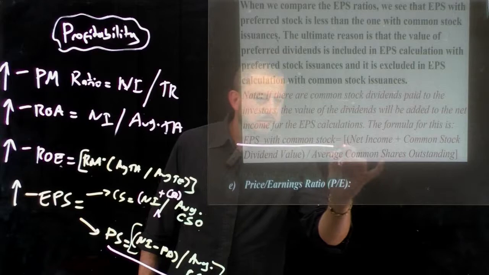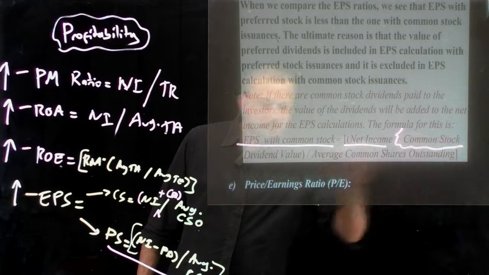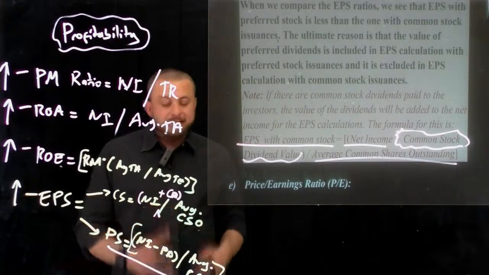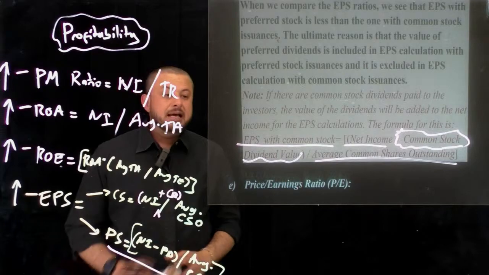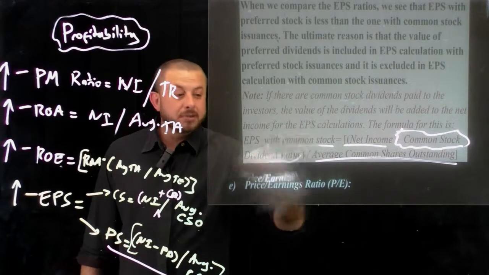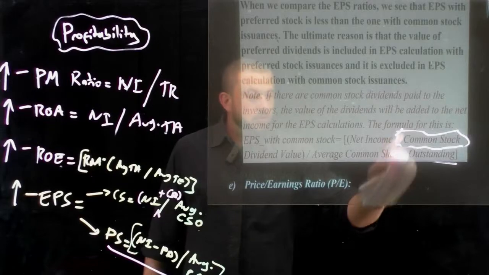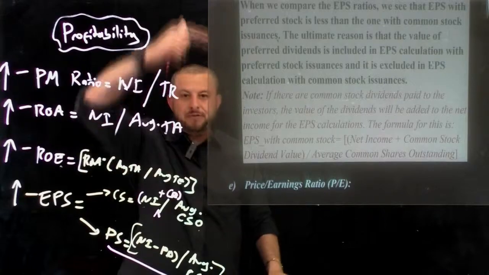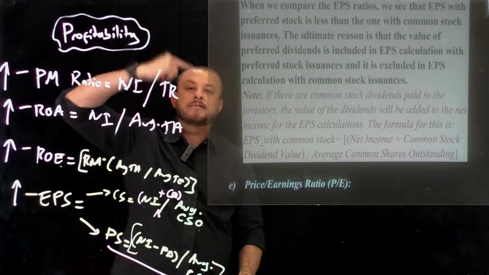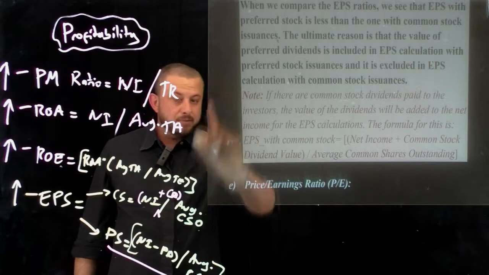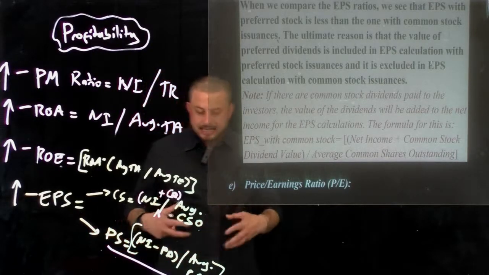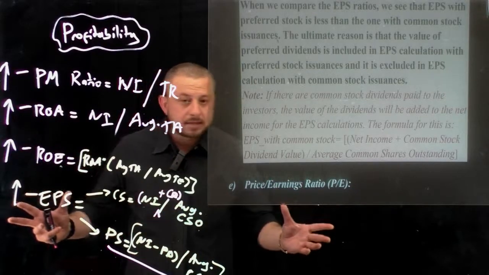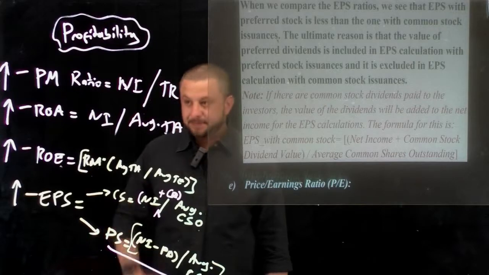EPS with common stock is equal to net income plus common shares dividend value over average common shares outstanding. Again, if in the question there are common stock dividends, you have to add that on top of net income, just like in the equation. The previous equation will change, because in the previous equation we didn't have common stock dividend payments. The common stock dividend payments are under the company's discretion. They can be paid or not paid to the investors. It's up to the companies.